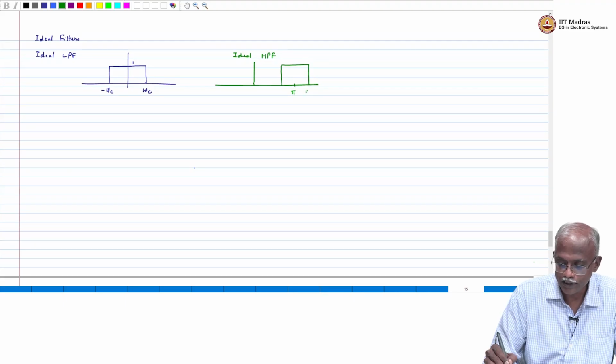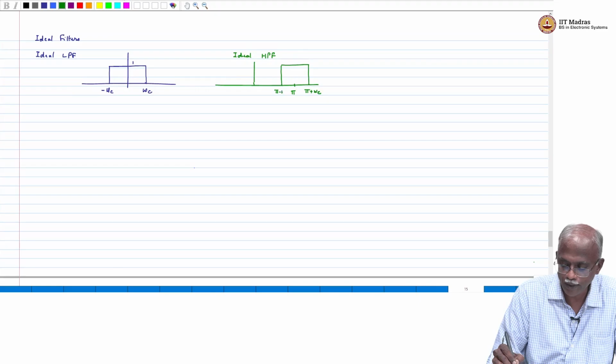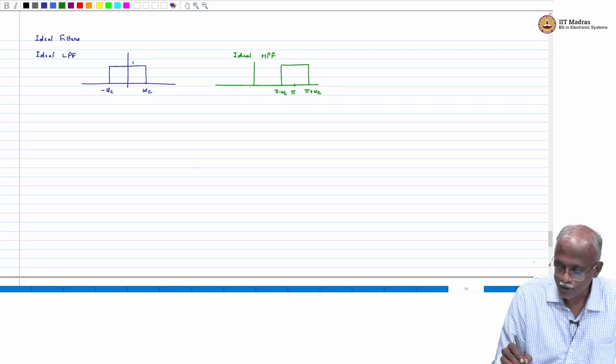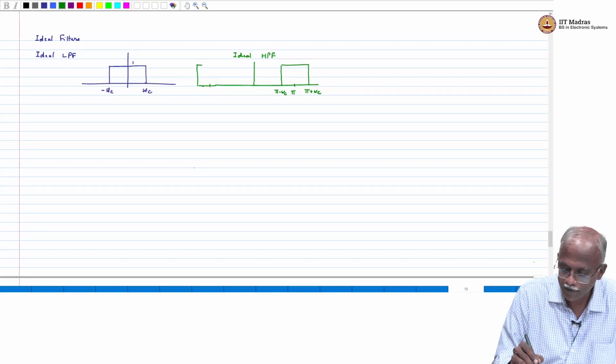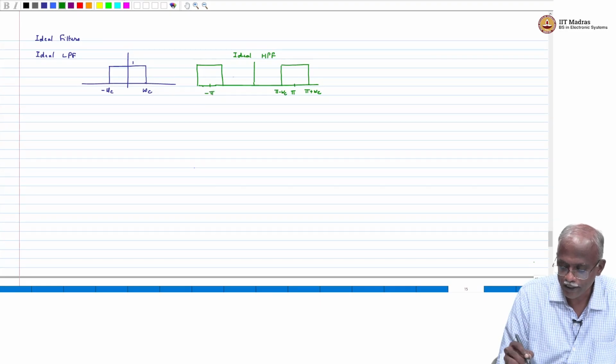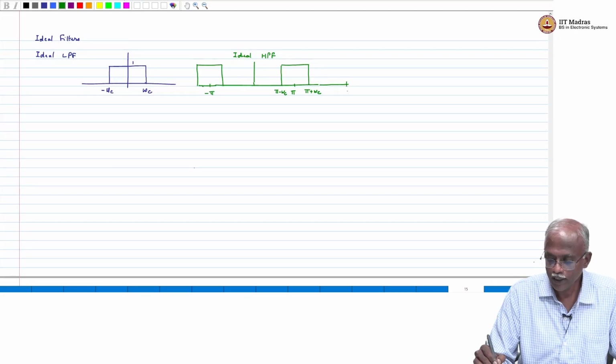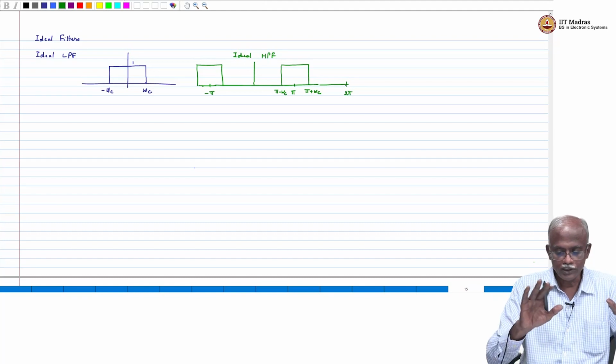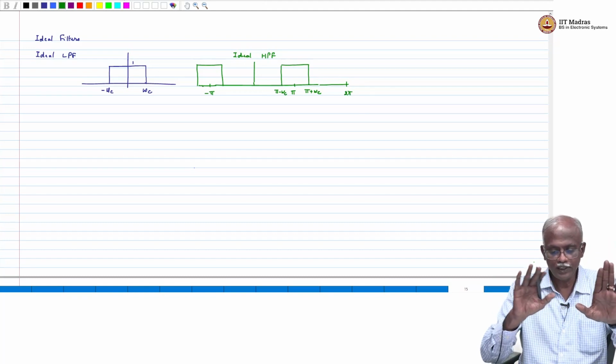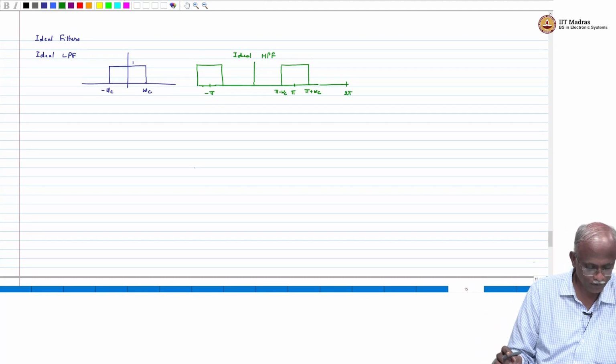You can think of this frequency as pi plus omega c, and this frequency as pi minus omega c. So you would have to look at the corresponding frequency on the negative side. You will have a pass band that will also be here. So this is minus pi, and this is 2 pi. So see the difference between a high pass filter and a low pass filter.